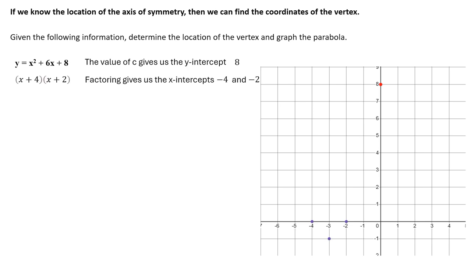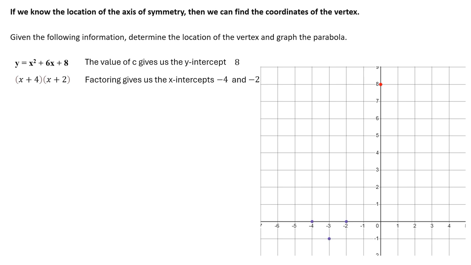Now, factoring it, or putting it into factored form, tells us that our x-intercepts are going to be -4 and -2. So we took this equation that was in standard form, x squared plus 6x plus 8, and we factored it.